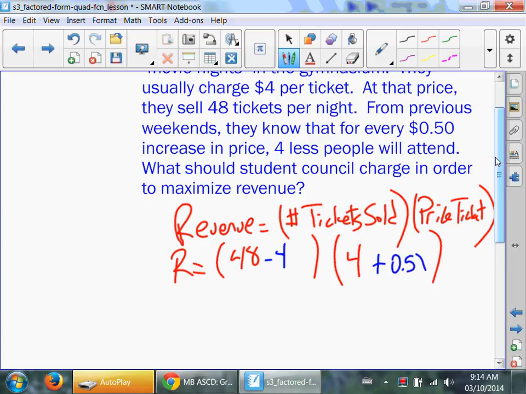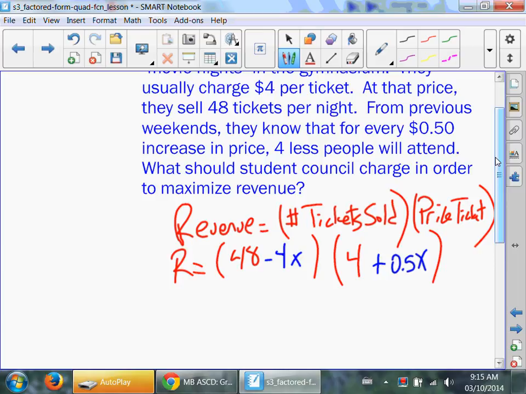So we're going to call that X. For however many 50-cent price increases, there's going to be 4 less people showing up. Now that number, to maximize revenue, might be 0, it might be 5, it might be -4. In other words, to maximize revenue, you might actually have to lower the price, not raise it. But we don't know that.